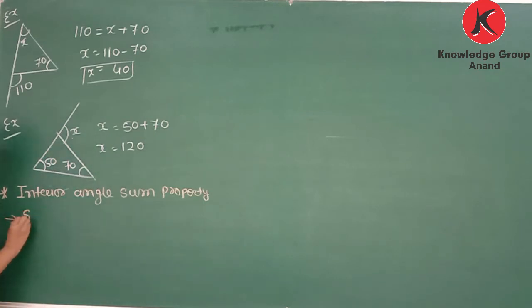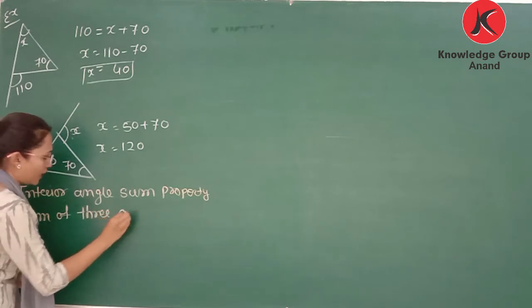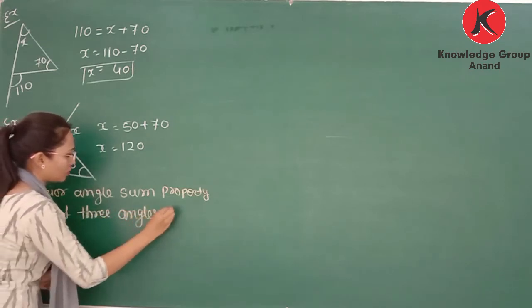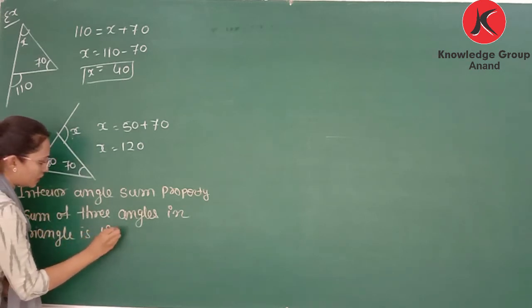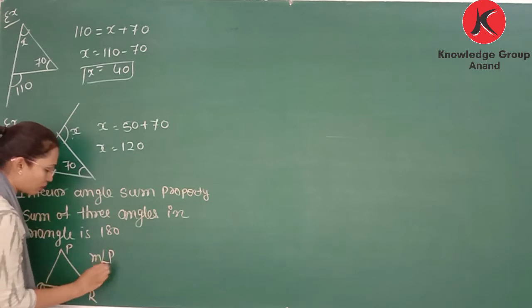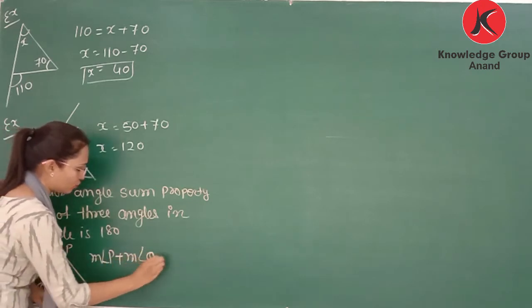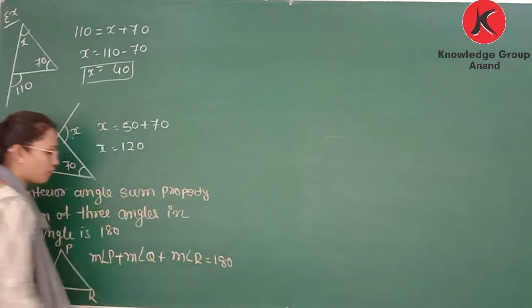So you can write the sum of three angles in a triangle is 180. If we consider triangle PQR, then angle P plus measurement of angle Q plus angle R is equal to 180.